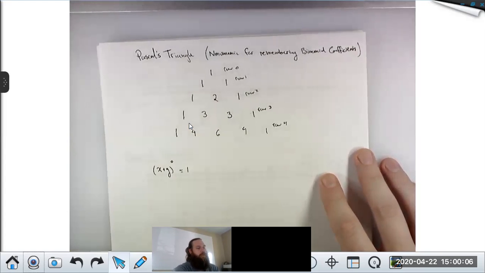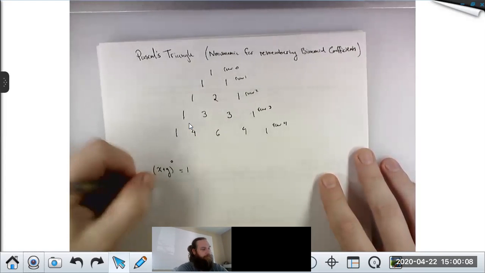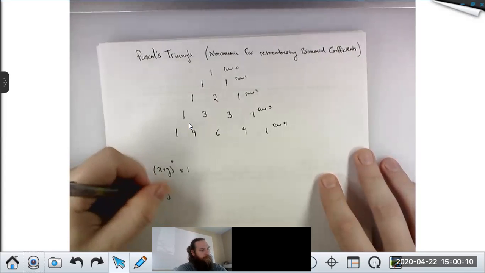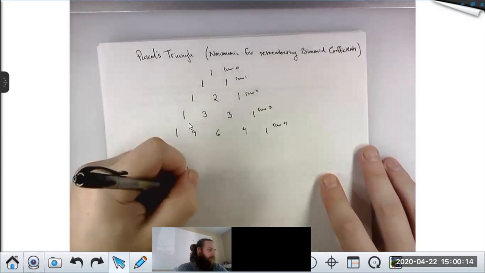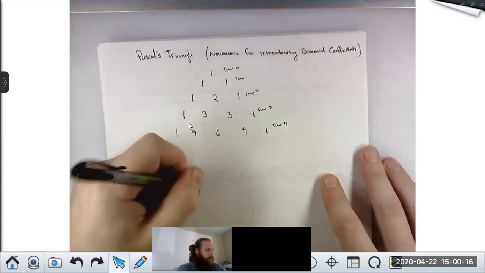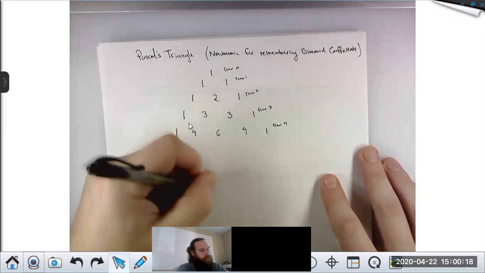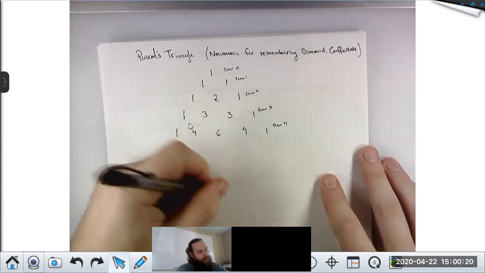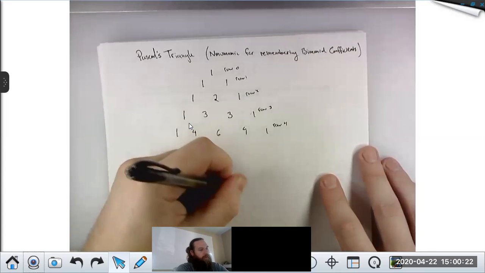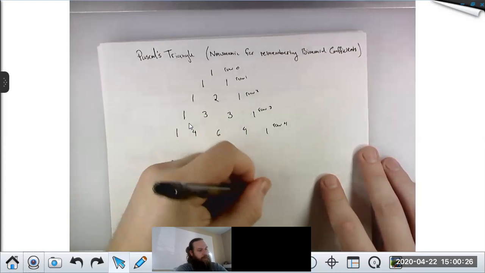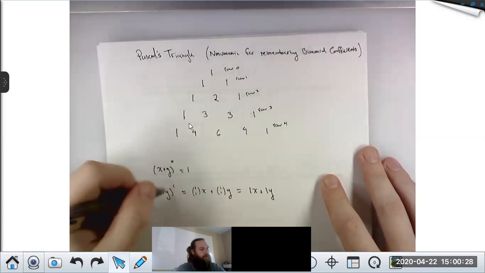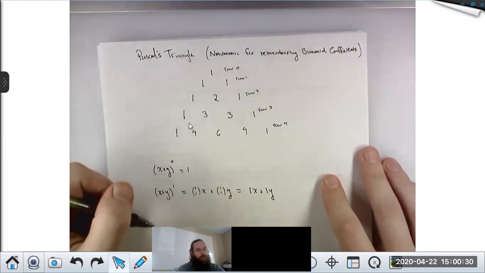That's coming from row 0. X plus y to the 1 is the binomial coefficient 1 choose 0 times x, plus the binomial coefficient 1 choose 1 times y. Both of these numbers come from row 1, so this is 1x plus 1y. And of course, we know x plus y to the 1 is just x plus y.